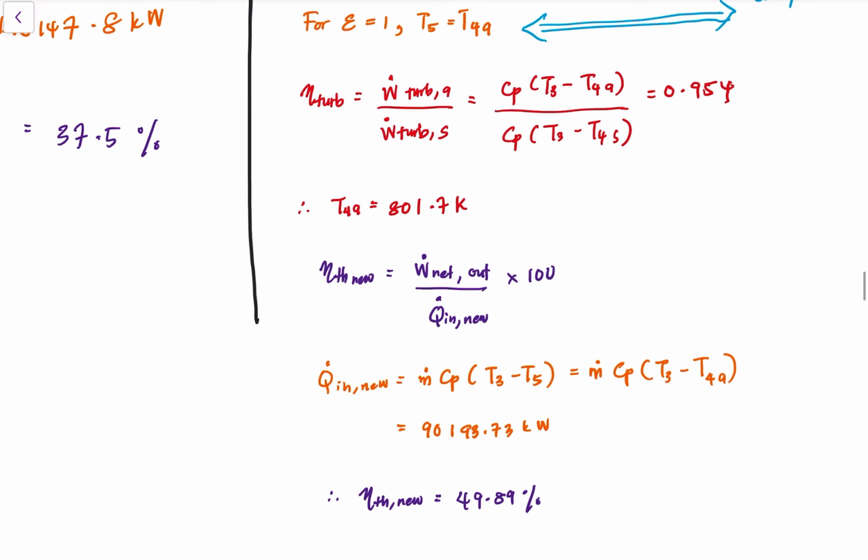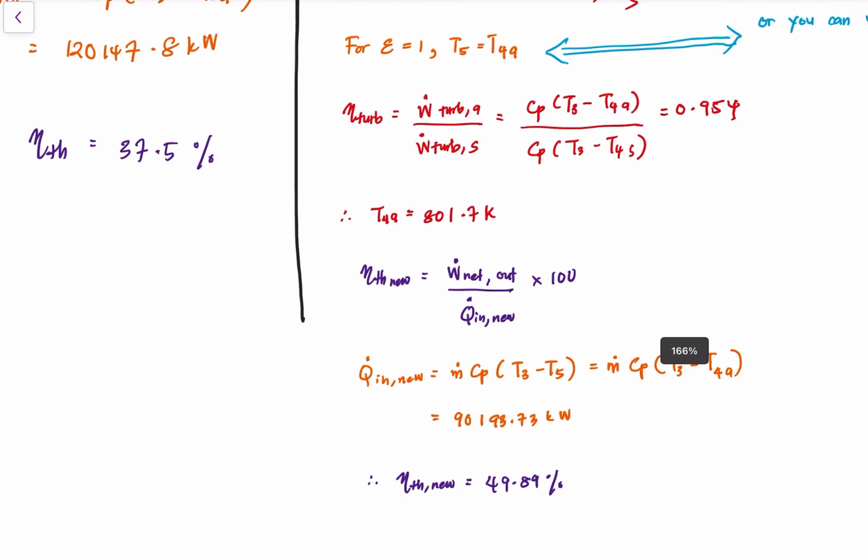So for the Q dot in, the new Q dot in, from the formula of m dot times Cp times T3 minus T5, and we know that T5 is equal to T4A, then you substitute all the required values, then you are going to get the thermal efficiency. The new thermal efficiency is 49.89%.